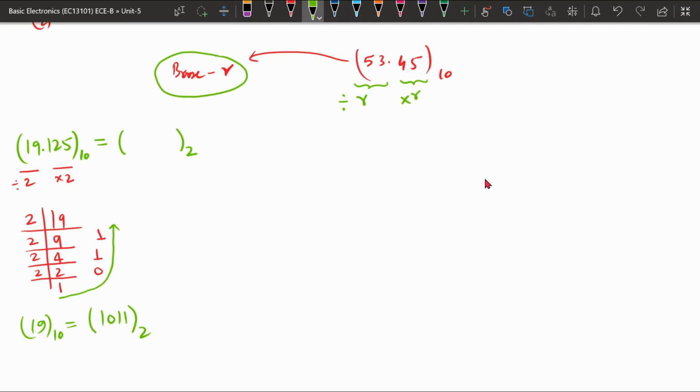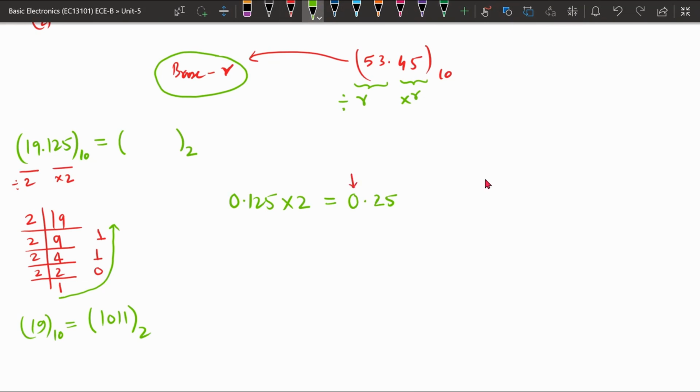If we have a fractional part also, we need to multiply this fractional part by 2. So the fractional part is 0.125. We will be multiplying it by 2, and we get 0.25. So the first binary digit will be this 0.